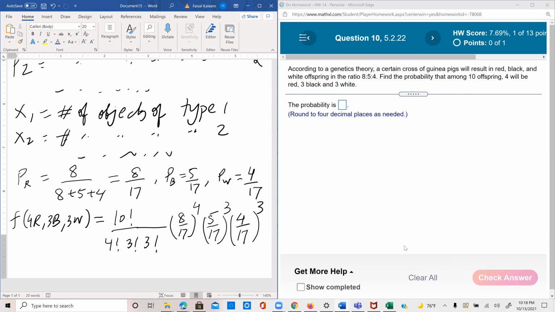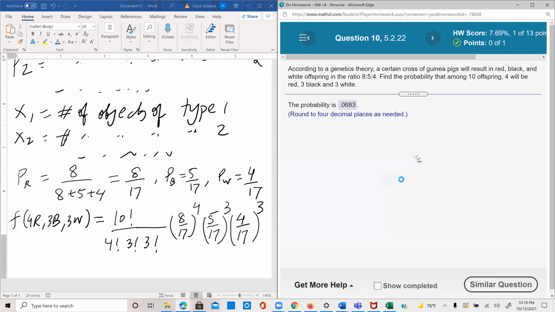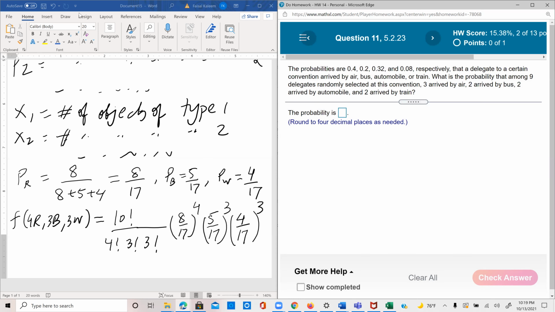And 8/17 power 4 times 5/17 power 3 times 4/17 power 3, so 0.0683. So this one is also multinomial.